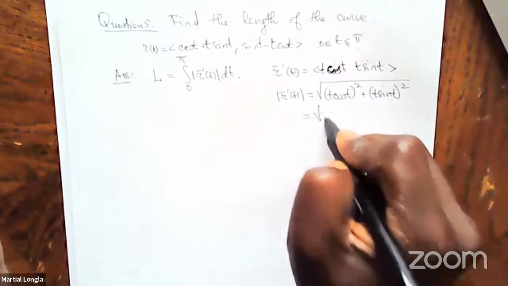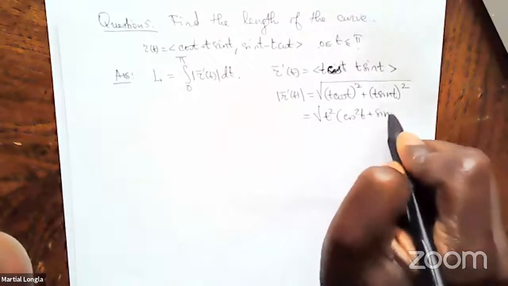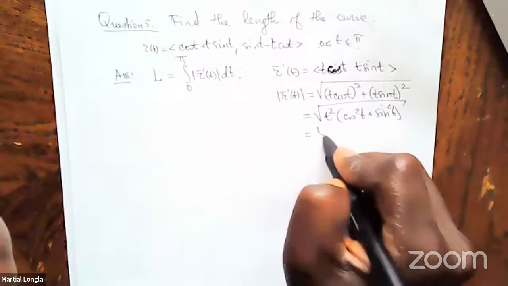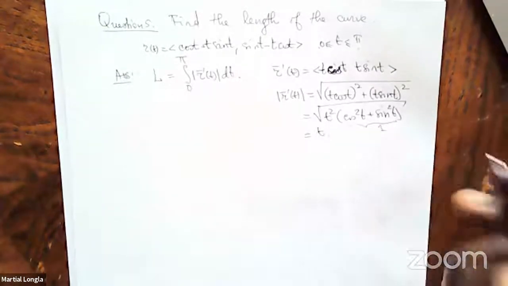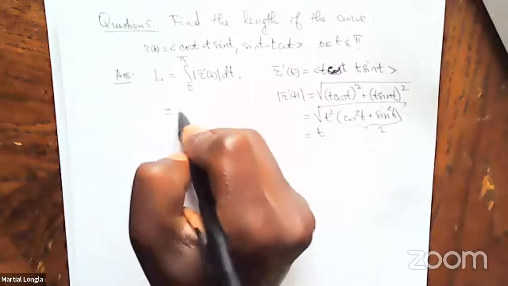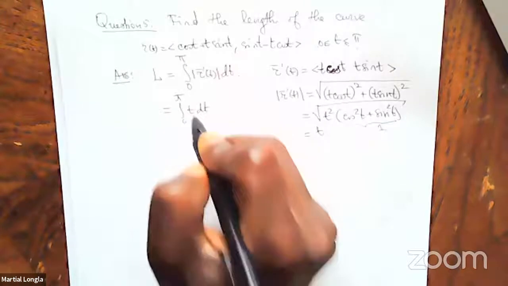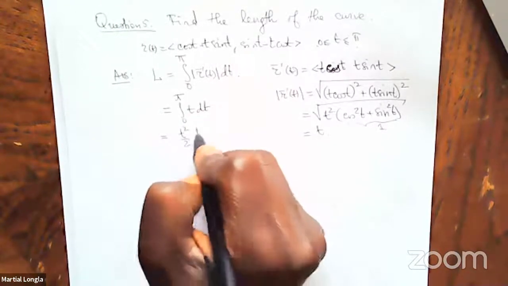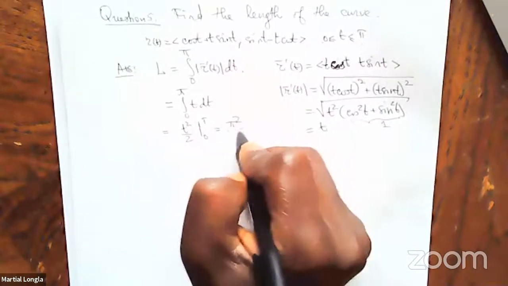And that is the square root of t squared cosine squared t plus sine squared t. That is t, because cosine squared plus sine squared is 1. So this is the integral from 0 to pi of t dt, which is equal to t squared over 2, from 0 to pi. And in this example, that's pi squared over 2.